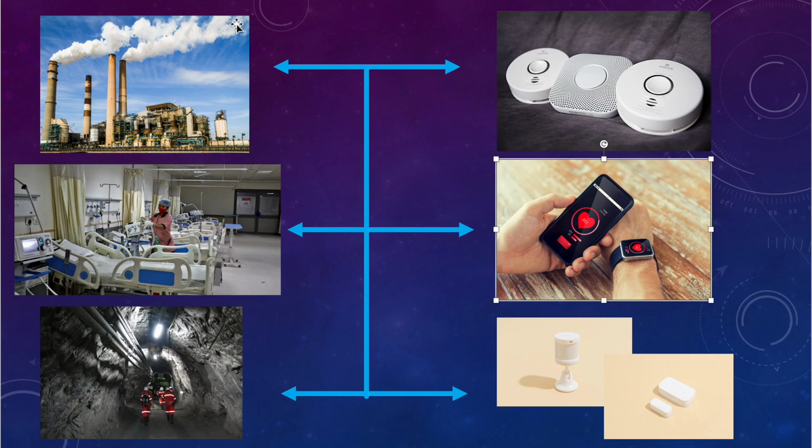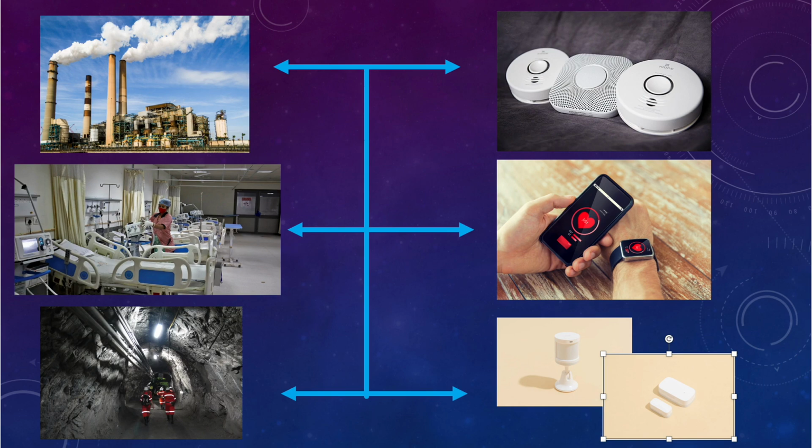Health monitors can be used in all three scenarios. Motion sensors and contact sensors can also be used in all three scenarios. So the features of IoT devices can be applied in different scenarios. These are the examples I'm giving you. These were in the IoT course as well.